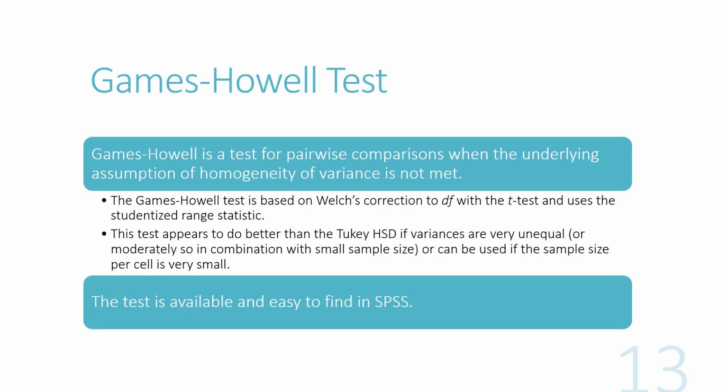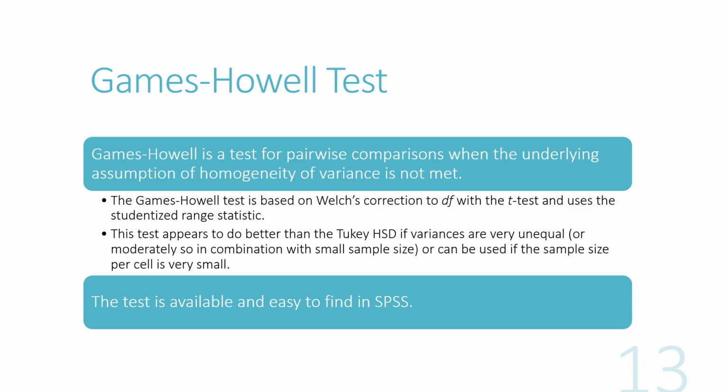The Games-Howell test is used for pairwise comparisons when the assumption of homogeneity of variance is not met. The Games-Howell test is based on Welch's correction to the degrees of freedom of the t-test.